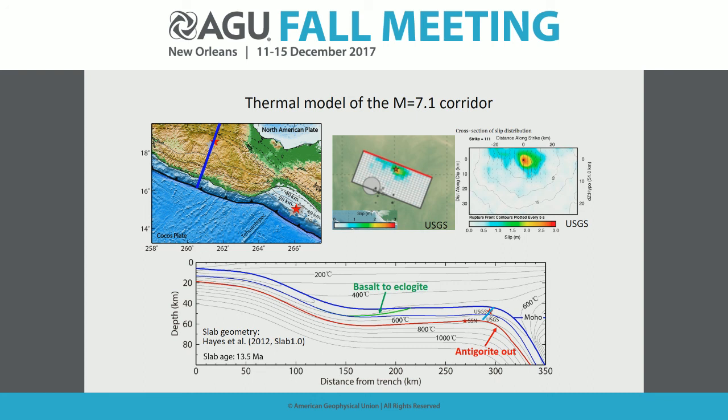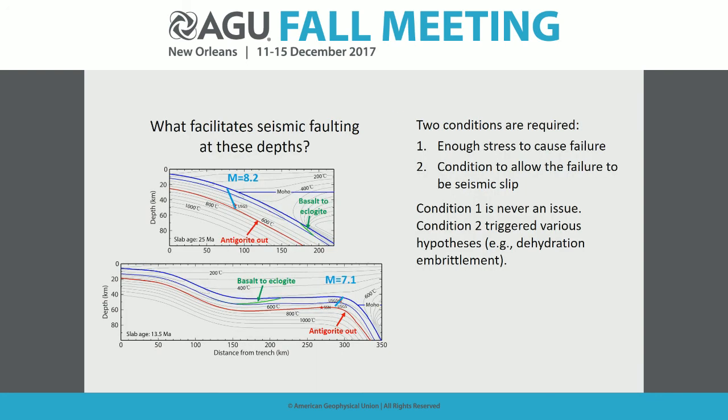According to some later, maybe better defined hypocenter locations and rupture geometry, the hypocenter could be even deeper than that, more inside the slab instead of the lower crust, probably in the mantle part. And then we have the question: what facilitates seismic faulting at these depths?